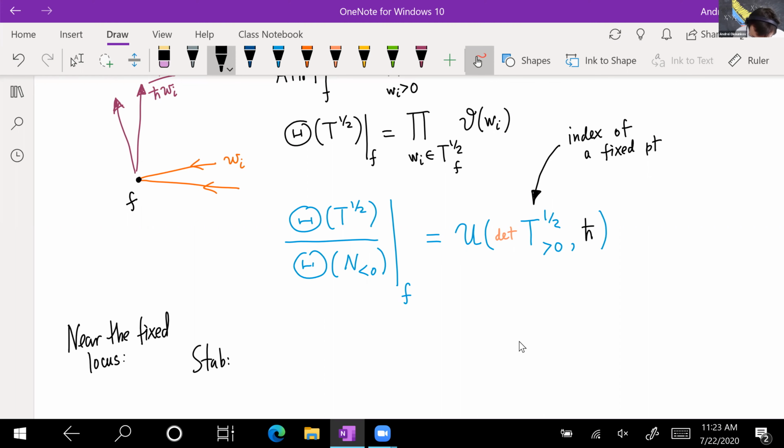Since there's a map of line bundles, up to twist you can fix either the source or the target of that map. So let's just fix the source.